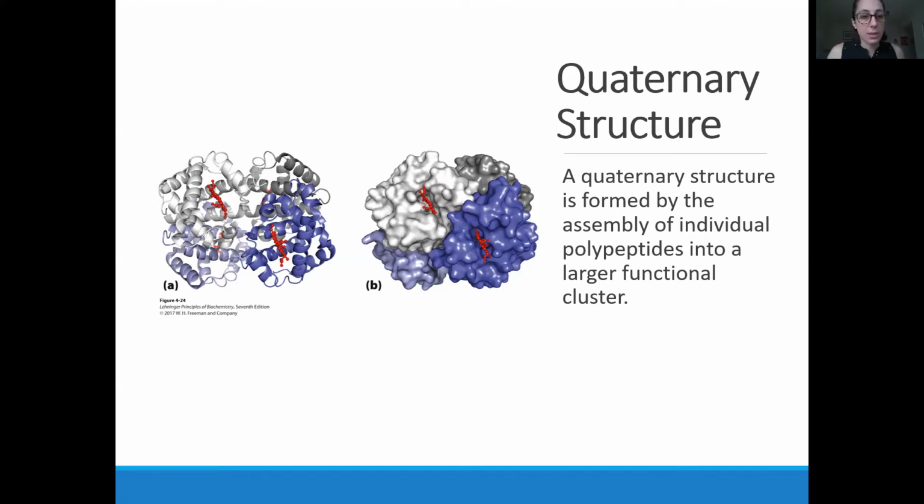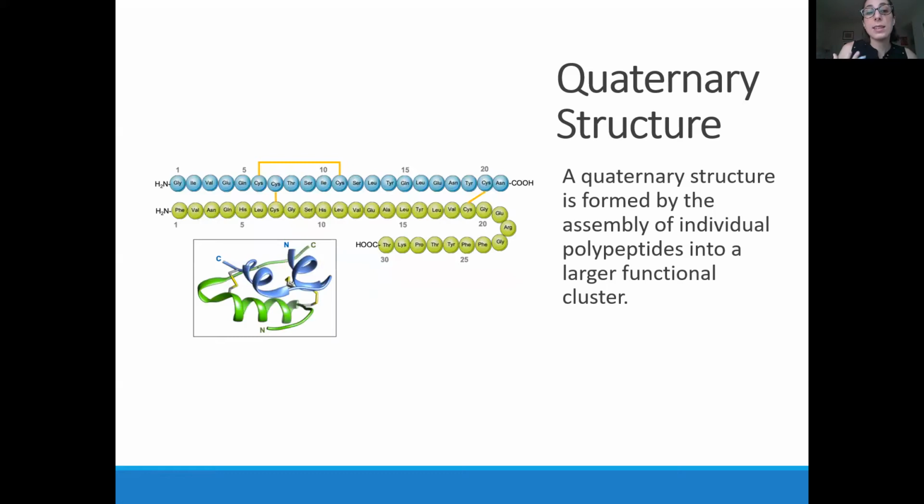Now, I gave you an example here looking at hemoglobin, which is a very large protein, but it doesn't matter the size of the particular polypeptide. You can still have quaternary structure in small polypeptides. So remember, it's any time you have the interaction of 2 separately folded chains.